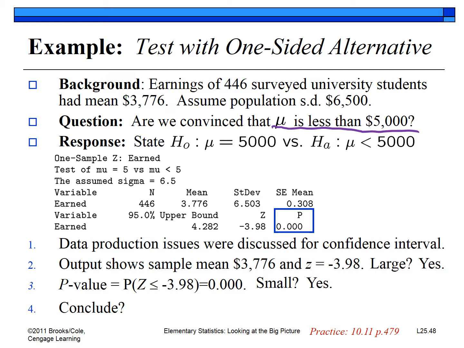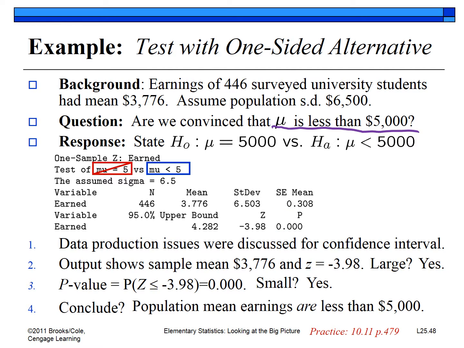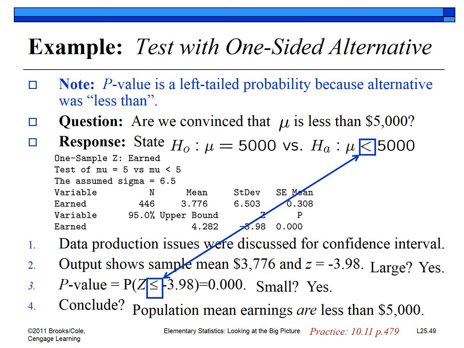What's our conclusion? Well, our conclusion is that population mean earnings are less than $5,000. So, are we convinced that the actual population mean is less than 5,000?